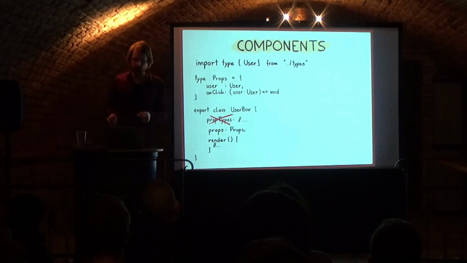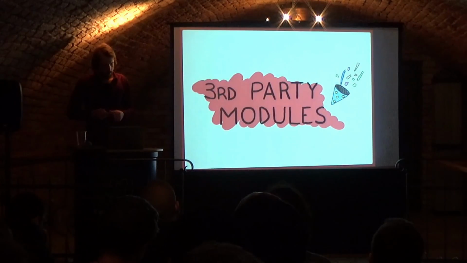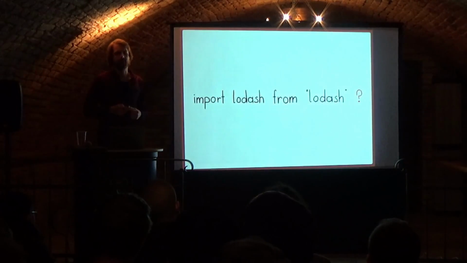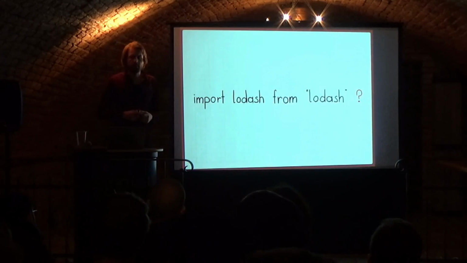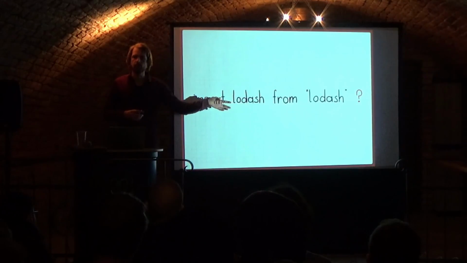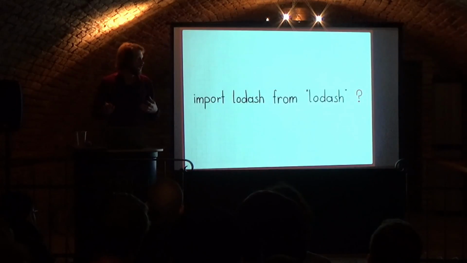So let's get to the tedious part, which is third-party modules. And third-party modules are kind of hard. So what if I try to do this, import Lodash from Lodash? It's very complicated because I don't define this. I'm not responsible for this code. The maintainer probably doesn't even use a type system yet. And we still need to teach Flowtype about the existence of Lodash.